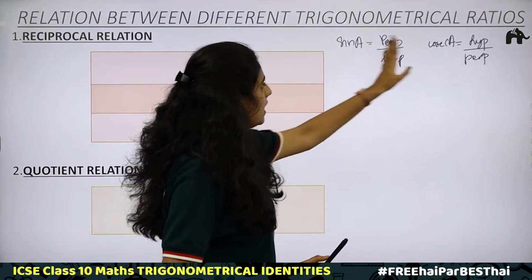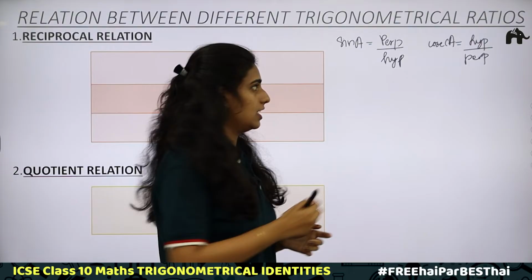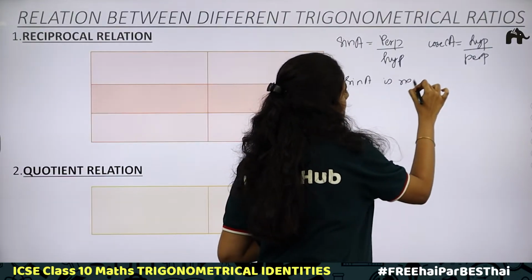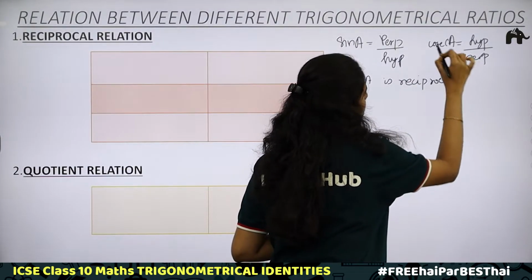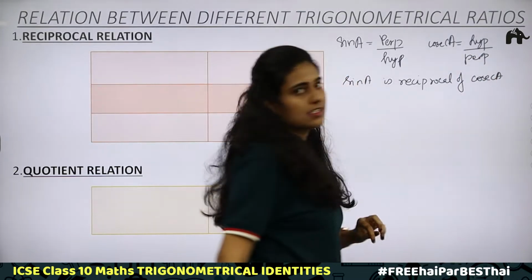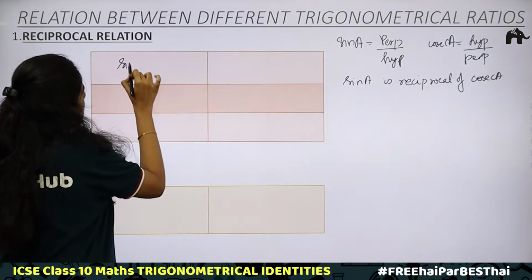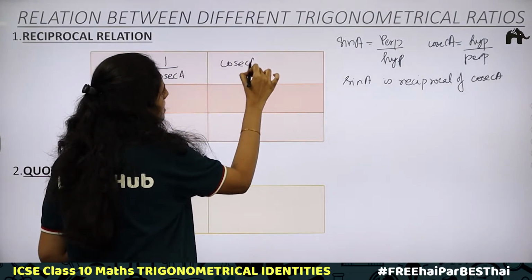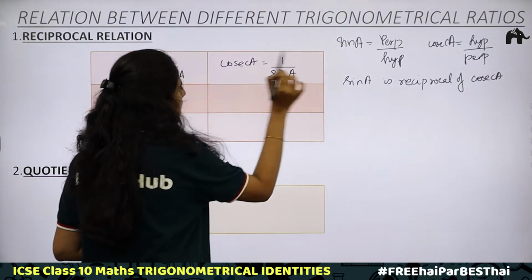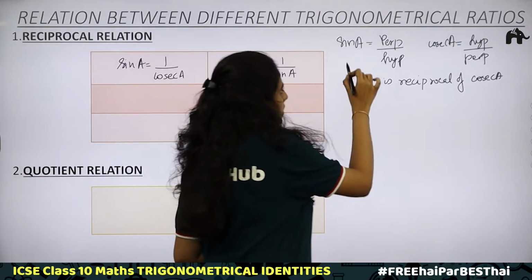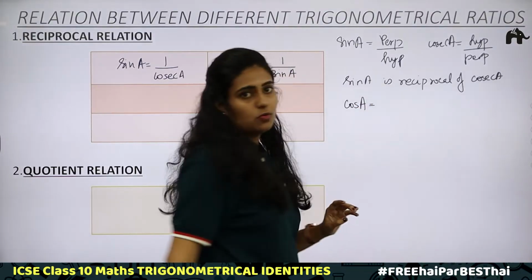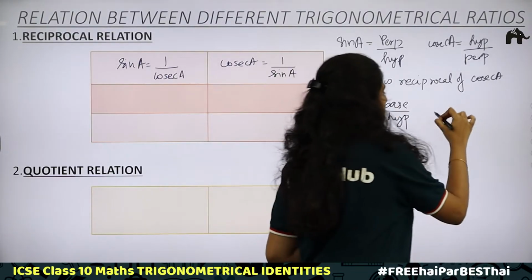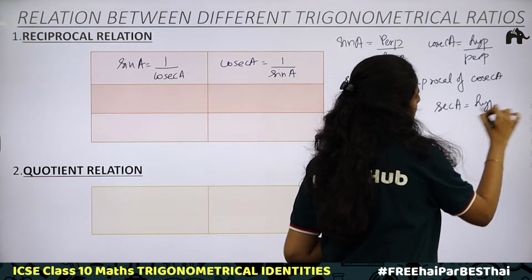So, what is the relation between sine and cosec? They are showing a reciprocal relation. We can say that sine A is the reciprocal of cosec A, and vice versa. So sine A is equal to 1 by cosec A, and cosec A is equal to 1 by sine A. Now, cos of A is base by hypotenuse, and sec A is hypotenuse by base.